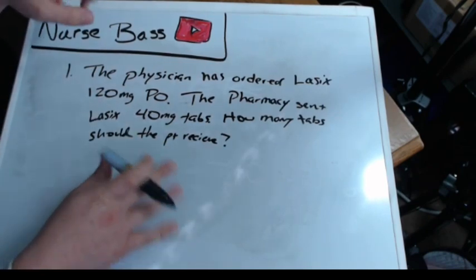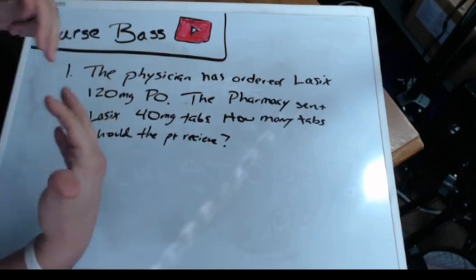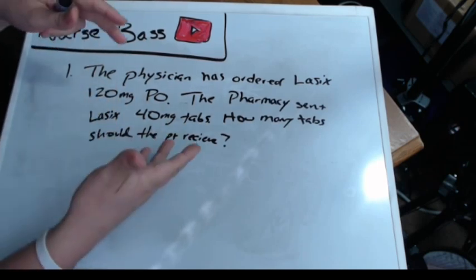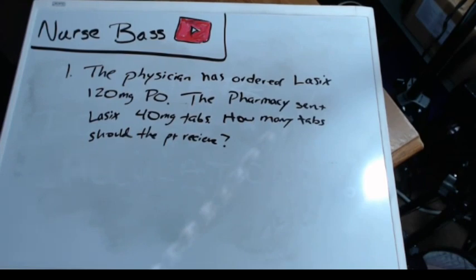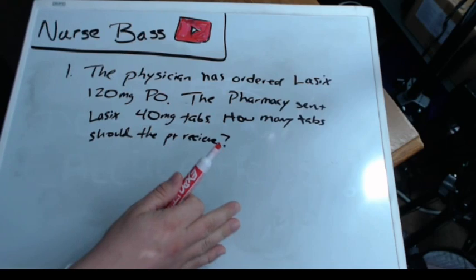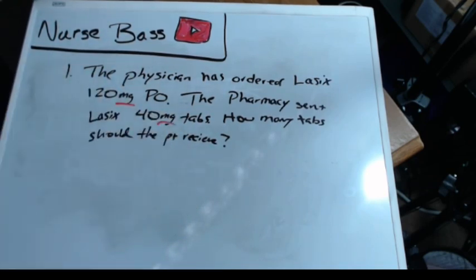Whenever we look at dosage calculation questions, and this is true of any question, you need to read the entire question, right? We hear that all of the time. You need to read it thoroughly. Some key things to look for: units. Are these units the same? For this question, they are.